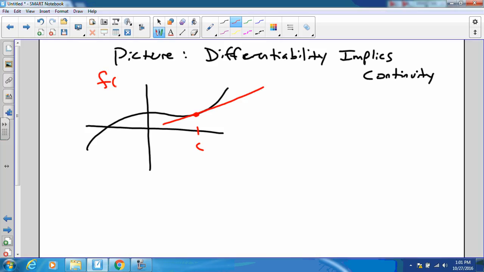Okay. So imagine that I have an f of x and I'm able to draw a tangent line so that f prime of c has some value, which is the slope of my tangent line.